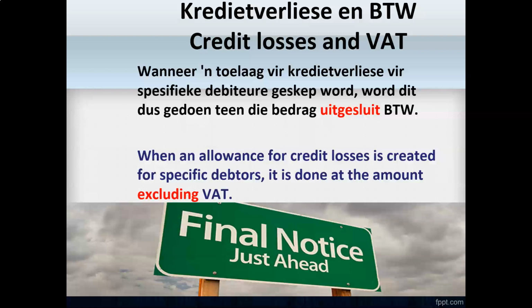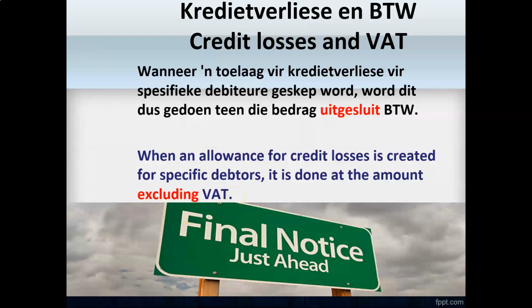So I want to create an allowance for 10,000 Rand of outstanding debt. So what am I going to do? I'm going to take the 10,000, I'm going to divide it by 1.15, which gives me 8696. And then I'm going to say debit credit losses adjustment account 8696, credit allowance for credit losses only with 8696, the VAT exclusive amount.